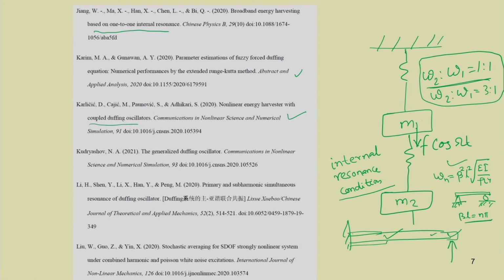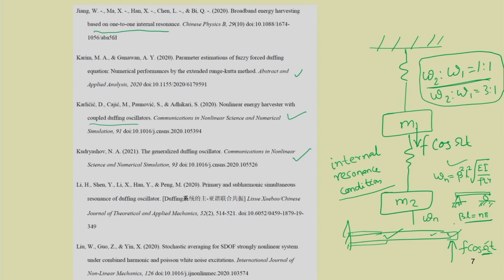For generalized Duffing oscillators, you can see this paper in Communications in Nonlinear Science and Numerical Simulation, where how the generalized Duffing oscillator is solved has been discussed. Also you can see a paper like this, primary and subharmonic simultaneous resonance of the Duffing oscillator. Primary resonance occurs when your external excitation frequency, for example f cos omega t, has omega near the natural frequency of the system.